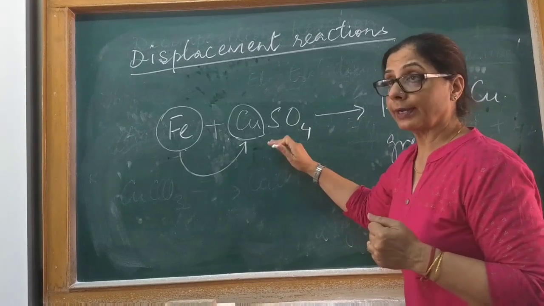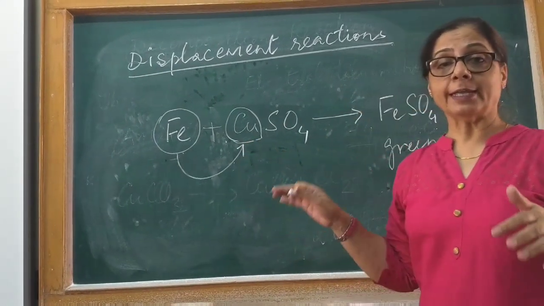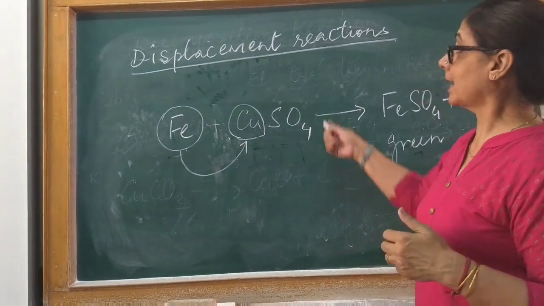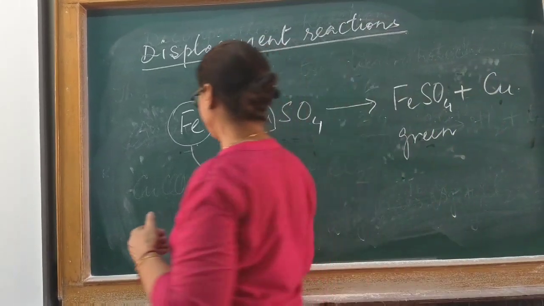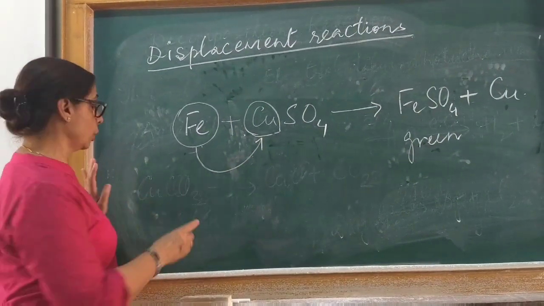Now this particular displacement reaction I have demonstrated in the lab, and you will understand in a better way. Then other examples of displacement reaction, for example, active metals displace hydrogen from cold water.